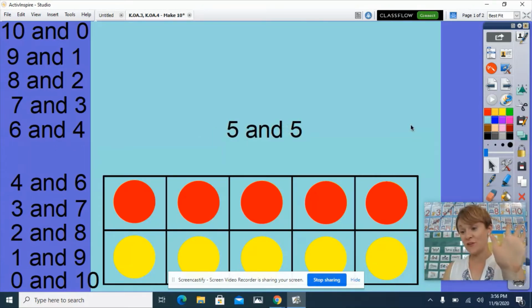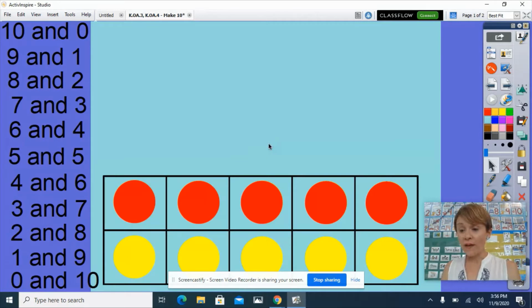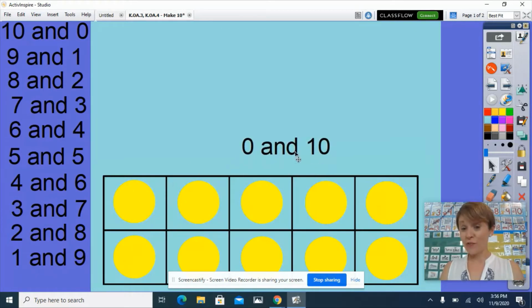Everybody loves to do 5 and 5 to make 10. You can keep going until you have flipped each chip to yellow. If you do that, you have 0 red and 10 yellow. That's another way to make 10.